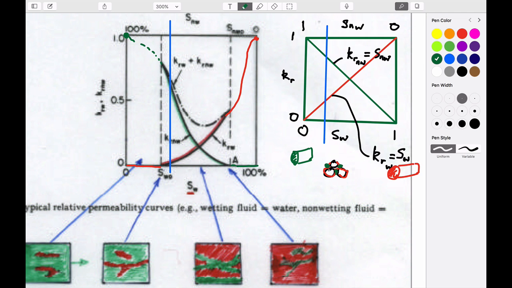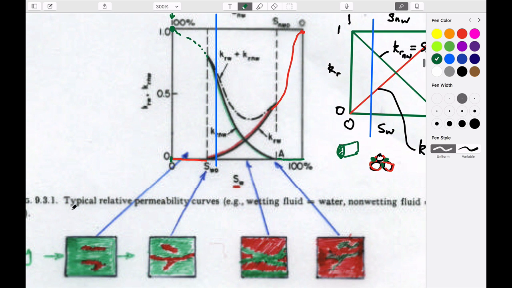But what would happen is that this relative permeability would describe the amount of fluid that would come out of this. And physically what it means is that on this side of the curve, where we're at 100% of the non-wetting fluid, which is this point here, you provide a pressure gradient across here.